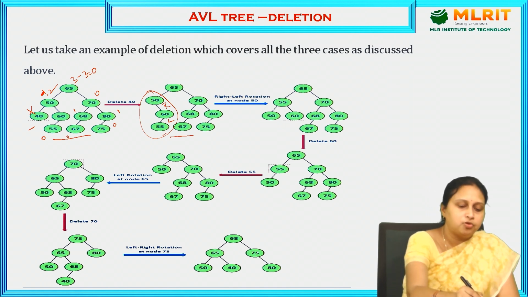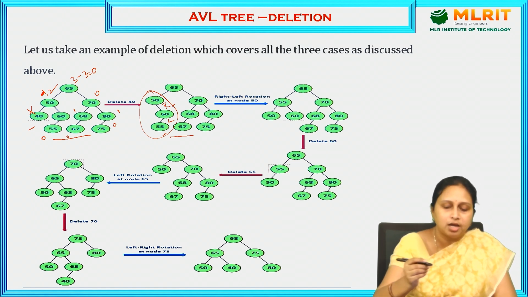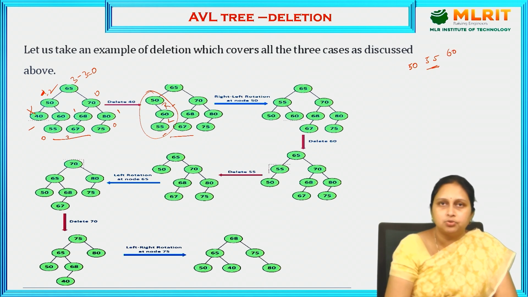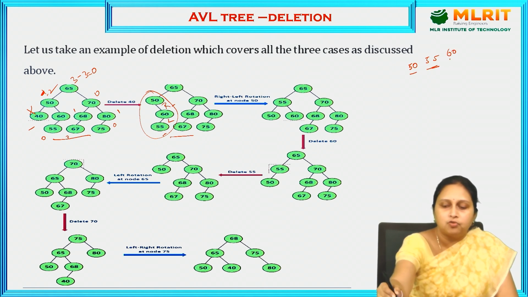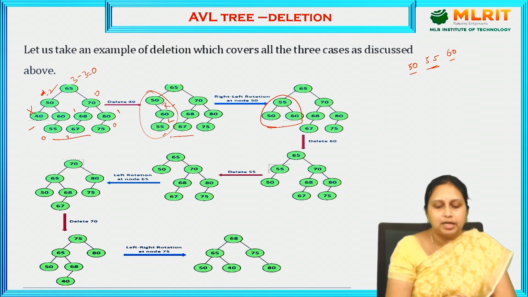First perform the right rotation, then perform the left rotation. What are the three nodes we have? 50, 55 and 60. Now, 55 becomes the root node. 50 is the left of it and 60 is the right of it. According to that, this is the tree where you are going to get 55, 50 and 60.